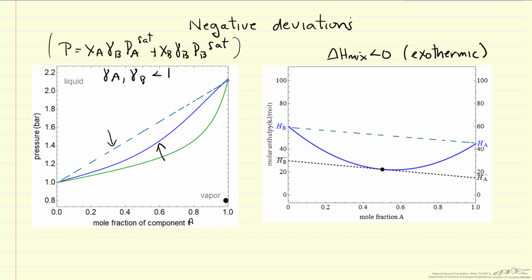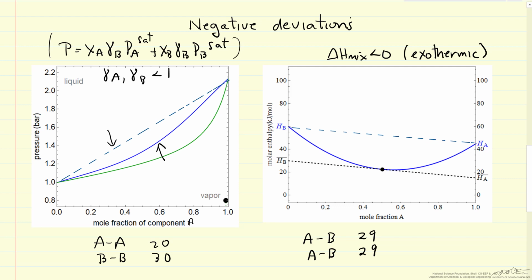What this means is that the forces between molecules in the mixture are actually stronger than the mean of the forces between the molecules in the pure liquids. Again, if we make up numbers that don't correspond to any particular system, and not assigning units, but just the concept that these are the relative energies of the bonds holding these molecules in the liquid phase, and we look at the AB molecules, let's say this number is 29, so the average would be 25.